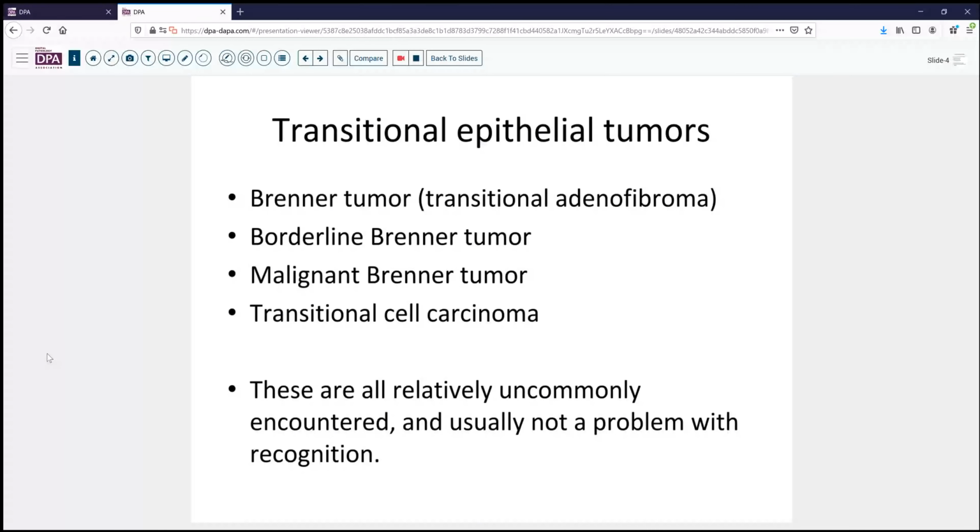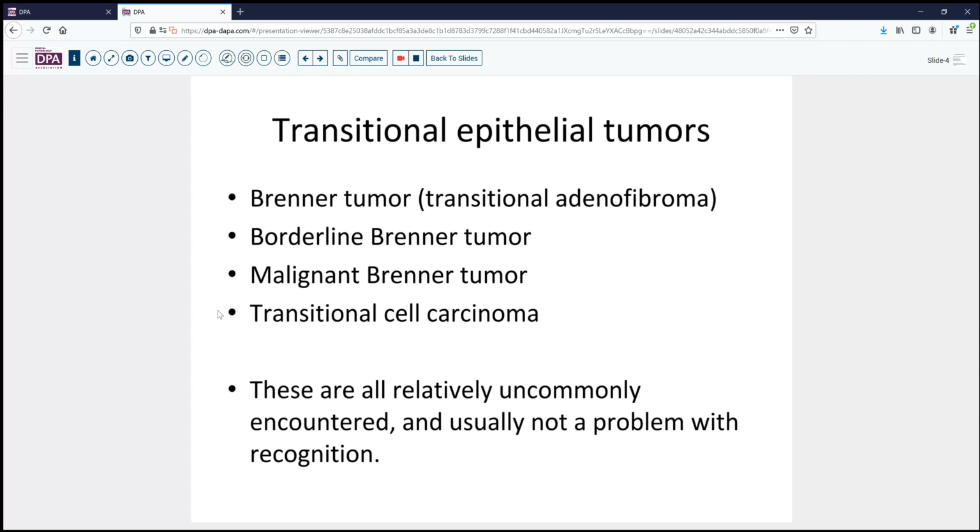So let's move on to transitional tumors. In this camp, we've got several prominent actors, but none of them are very common. The Brenner tumor is a transitional adenofibroma, and then it can come in a borderline variant as well as malignant variants, where you have malignant urothelial-like epithelium, but still an adenofibromatous type stroma, and then a conventional transitional cell carcinoma where the stroma has largely disappeared and you're left with pure transitional cell carcinoma.